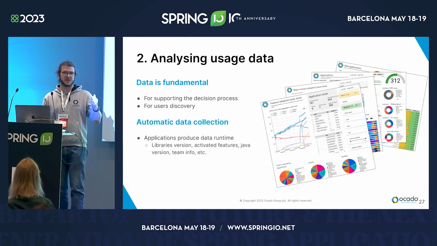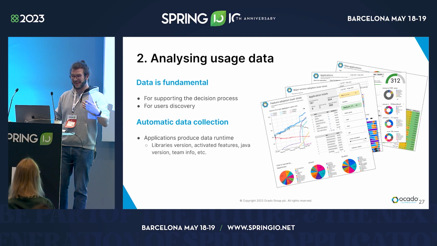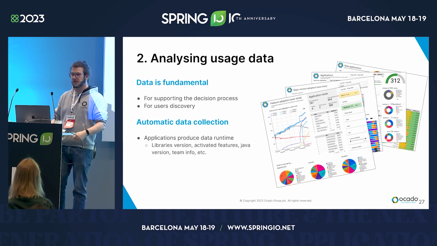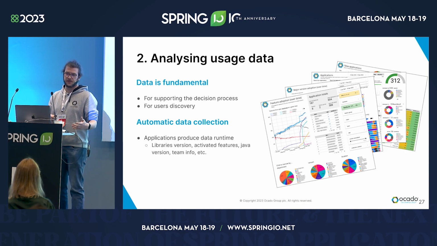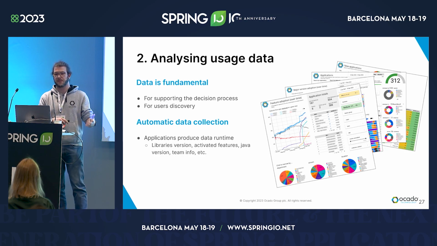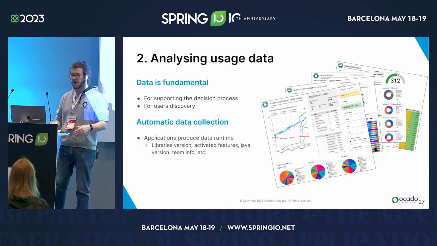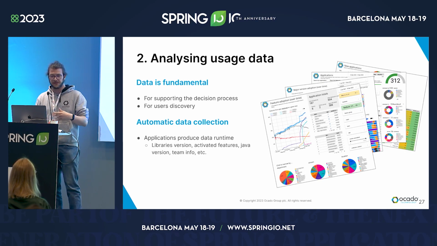The prerequisite for analyzing data is having this data. So our library has a mechanism inside that enables the applications running our library to automatically produce at runtime useful information for us, like what library version they are running, which features are activated, what the Java version is, developer info, and so on.